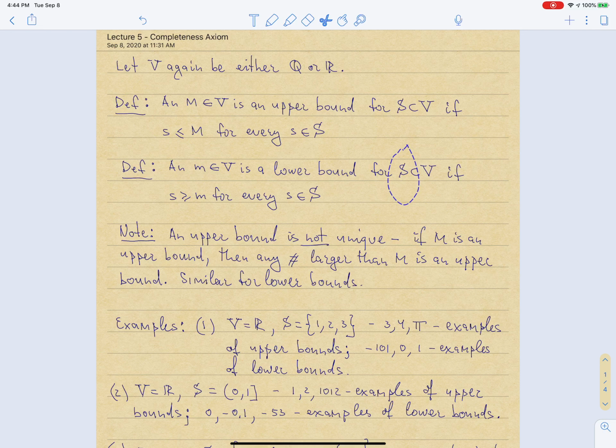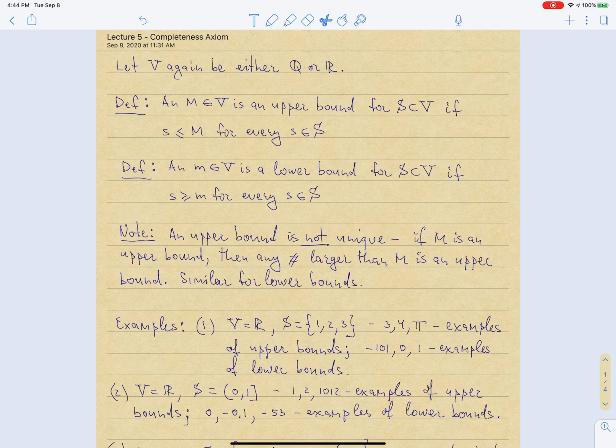Now, one thing that I want you to understand is that these upper and lower bounds are not unique. For instance, if 1 is an upper bound for the set capital S, then certainly 2 is an upper bound. If everybody is less than 1 in my set, then likewise everybody is less than 2, less than 3, less than 2.71.